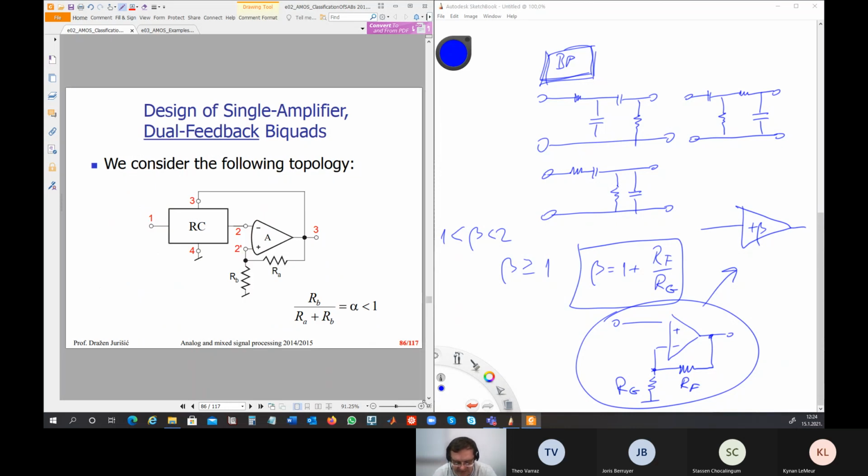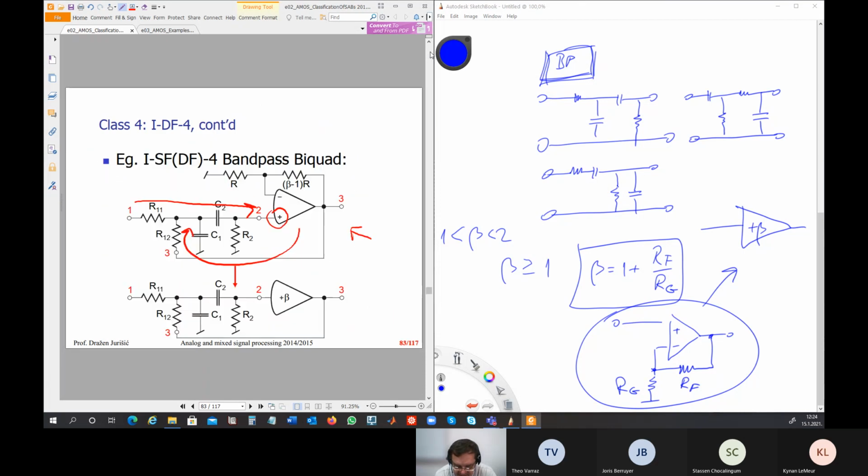Here is also another example. What is the difference as before? Look, if you look at this here, RC network, I can use some other notation. So RC network is here on the minus.